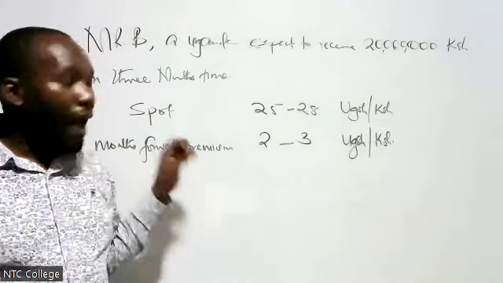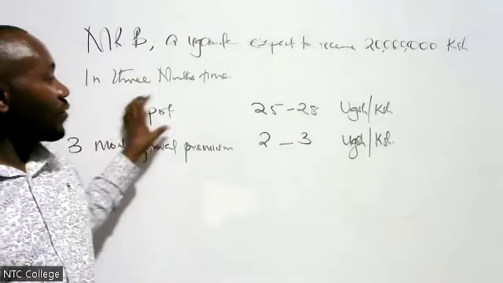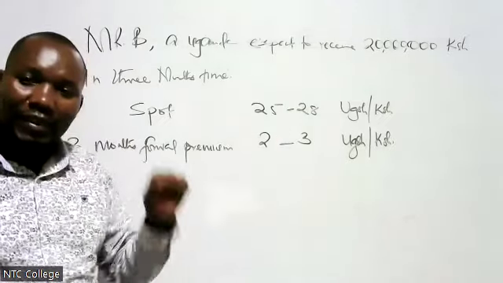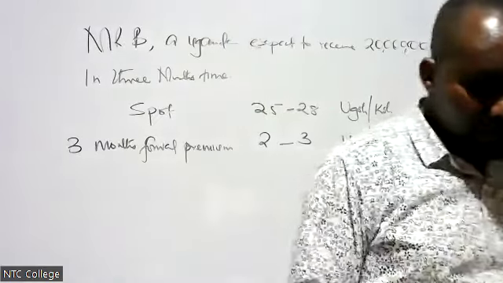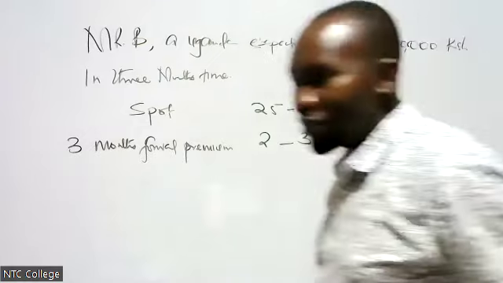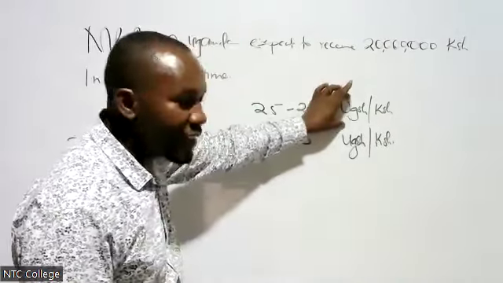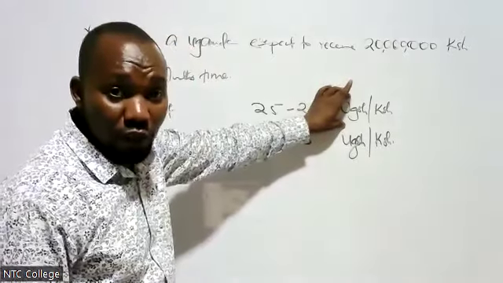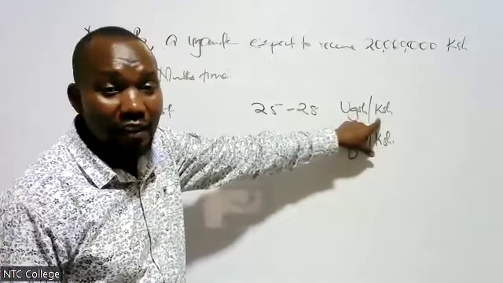Number two, after knowing that Uganda is the home country, which kind of expression is this one? Is it direct or indirect? It's direct. Why? Because in this question, we have been given the amount of home currency, which is now equal to 1 unit of foreign currency.